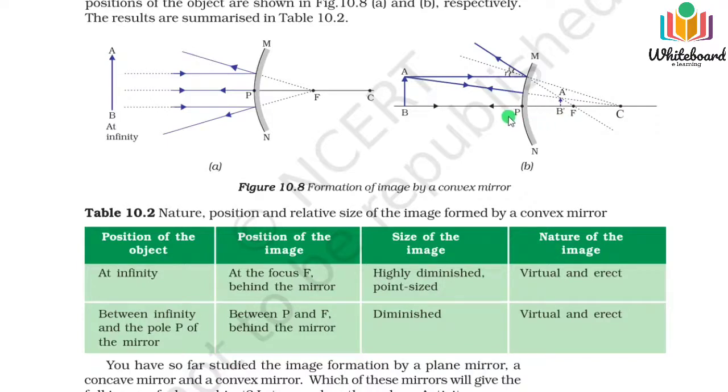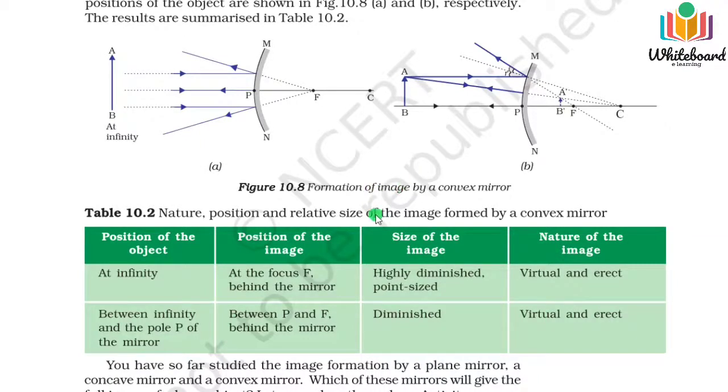It is very important. If you place the object at any position in front of the pole and in between infinity, you will always see a virtual and erect image. If you compare with the concave mirror, this case will be very easy to remember, because in the concave mirror there are total 6 cases, and each and every case you have to remember.